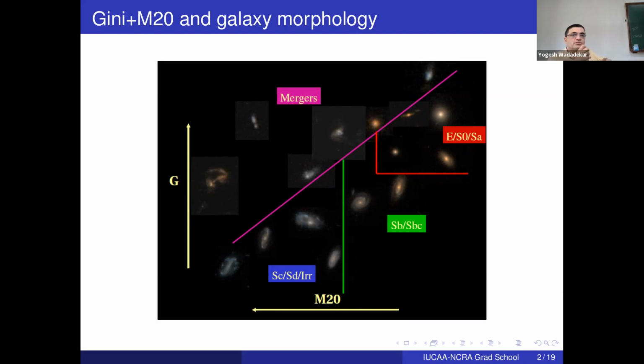And so mergers will also be, and the Gini coefficient is one way of measuring the merger rate via a proxy, of course, but measuring roughly whether the merger rate is enhanced at different redshifts.